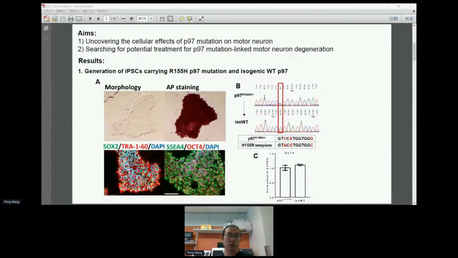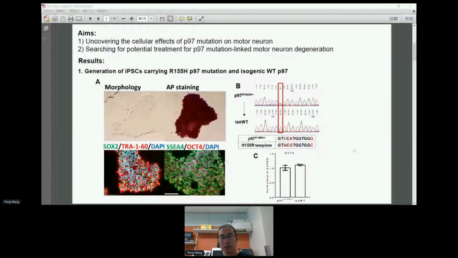To achieve our goals, we have to have a cell model to do the research. First, we use iPS-derived cells to study the disease, and we made iPS cells from patient-derived fibroblasts. To avoid genomic background effects, we also corrected the mutation to wild type using CRISPR-Cas9 technology.